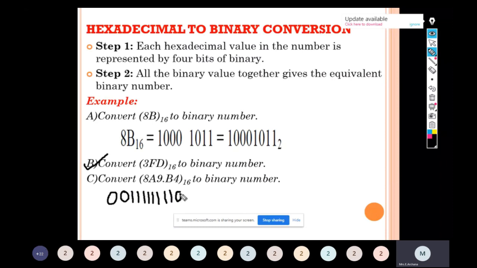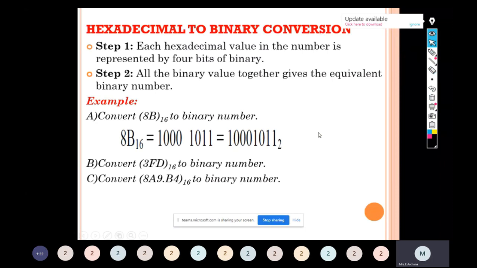So 1101 is the answer. So the answer for the B problem will be 001111111101 to the base 2. So this is the answer. Like this, we have to do the problems from hexadecimal to binary conversion.